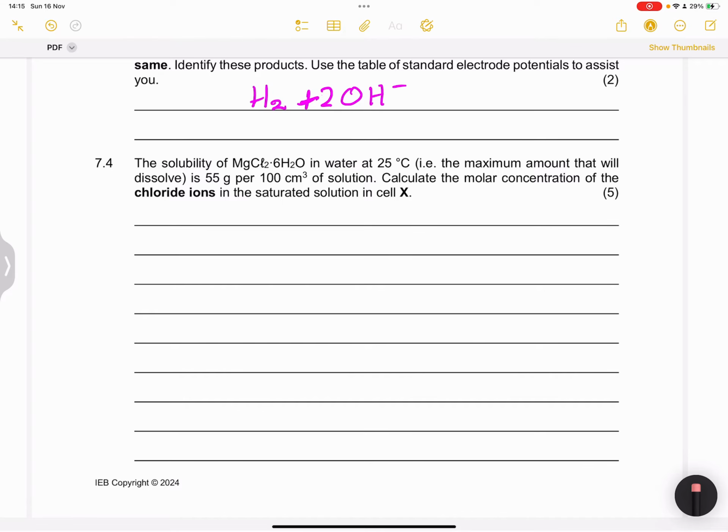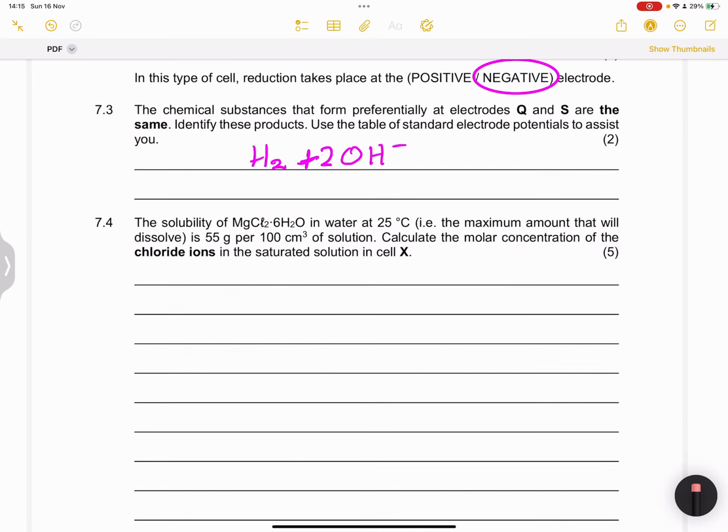They say calculate the molar concentration of the chloride ions in the saturated solution in cell X. Now they've given us all the information that we need. Firstly, they've given us the mass, here it is. And then secondly, they have given us the volume, which is the volume of water.